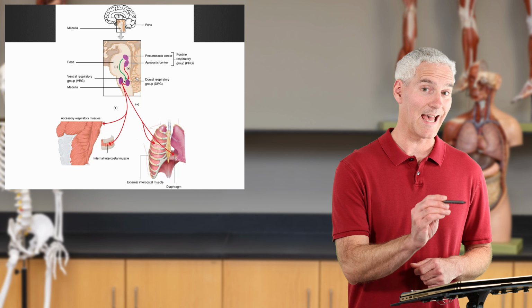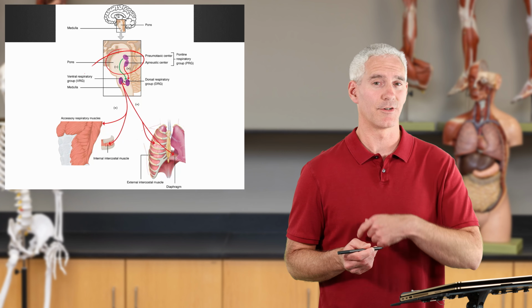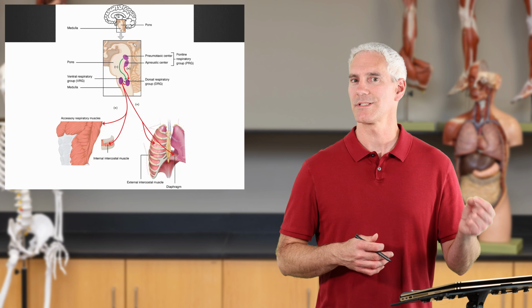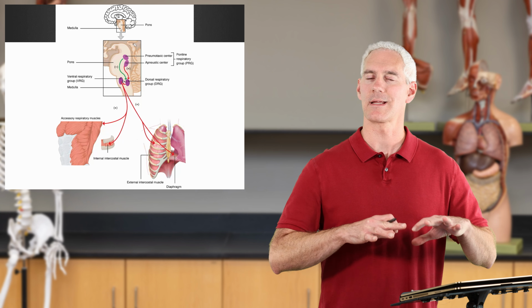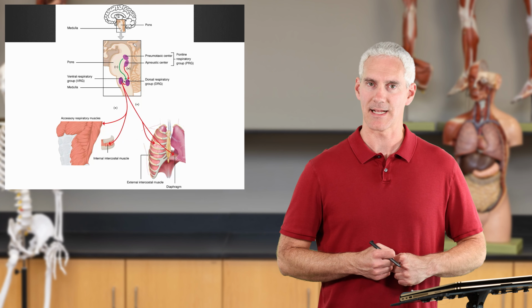But what you'll notice we haven't discussed is a part up here in the pons. We've got to get to that later in another video. But what we're looking at so far is that both the dorsal and ventral respiratory groups play roles in shallow, calm, quiet breathing, as well as forced inhalation and exhalation. So that's a little about how we're controlling the breathing from the nervous side as well as locally.